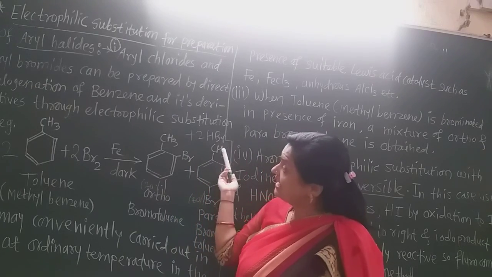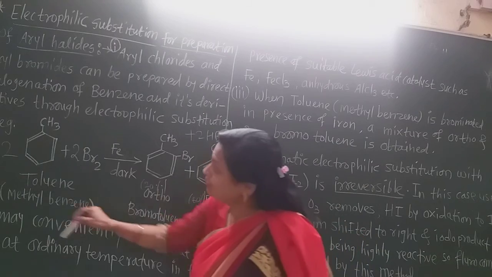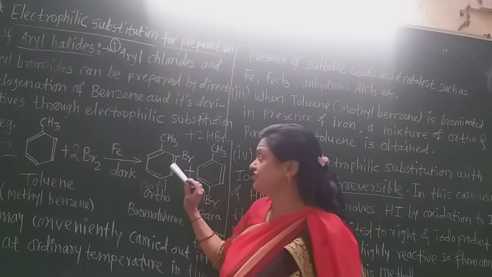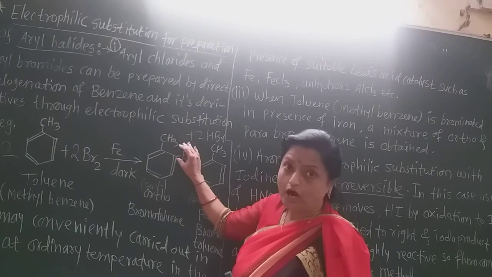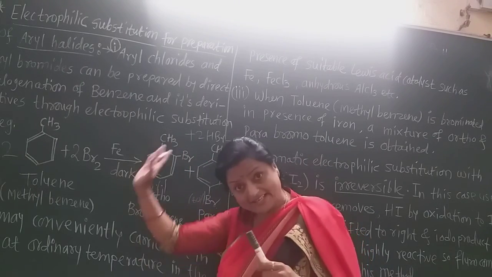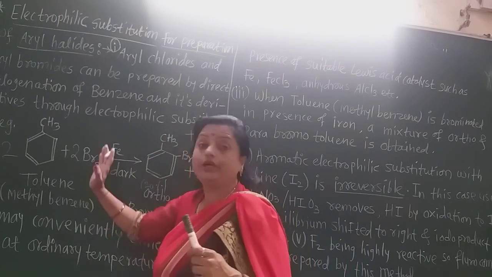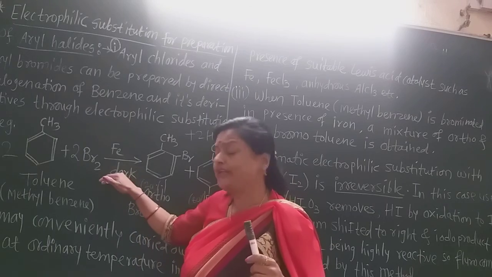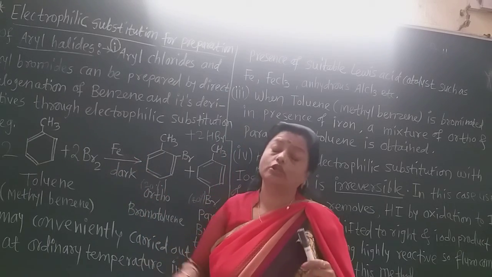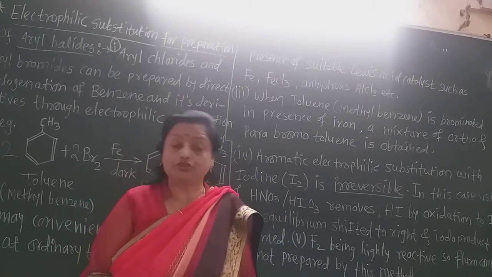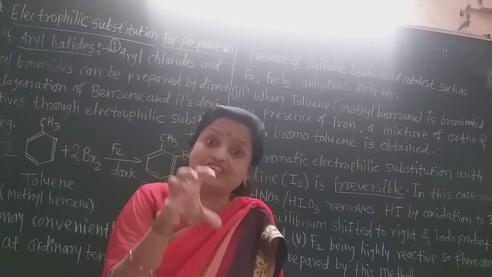That HI again reacts and again gives the product iodine and toluene. If HI reacts with this orthoiodotoluene and para-iodotoluene, again it is a reversible reaction, and there is formation of iodine and toluene again. I will give you the second example of iodine here, but here we must write on this arrow the nitric acid and hydroiodic acid, because they block the HI formation.